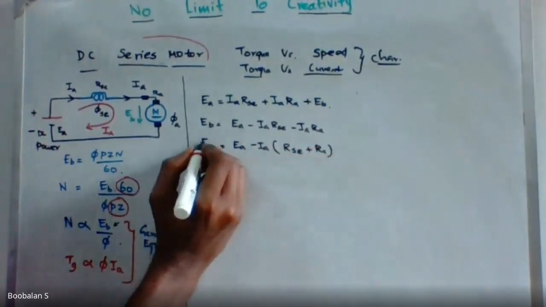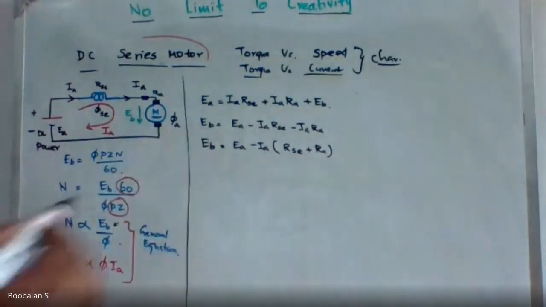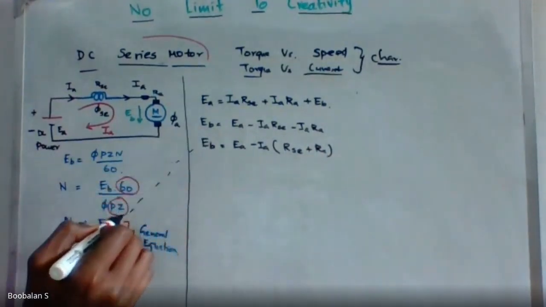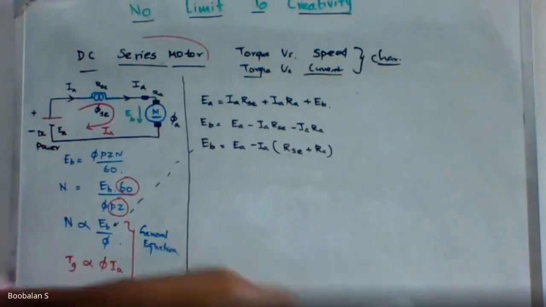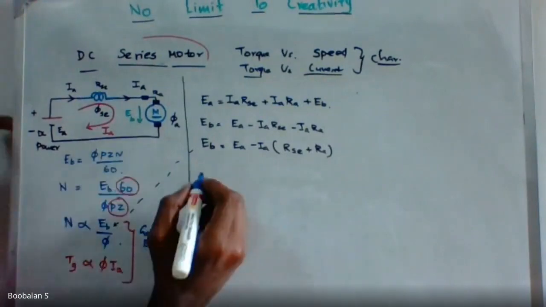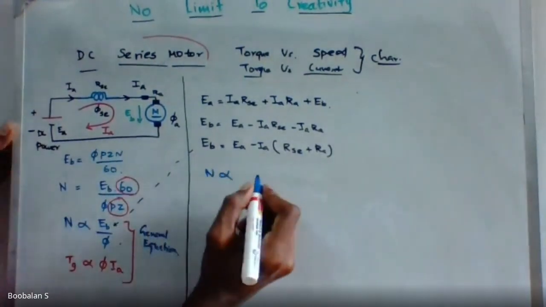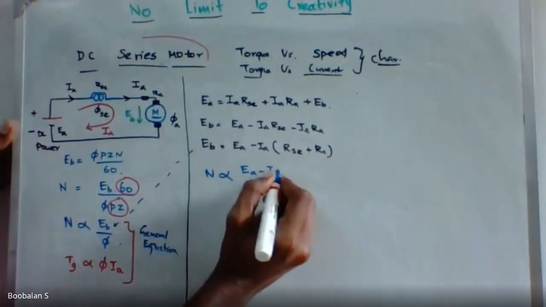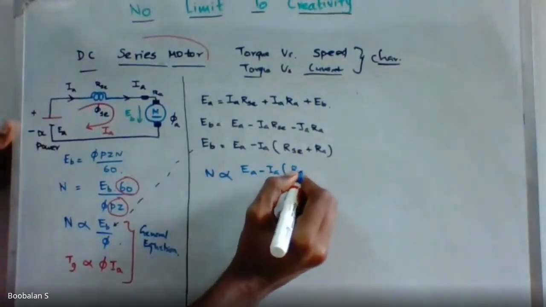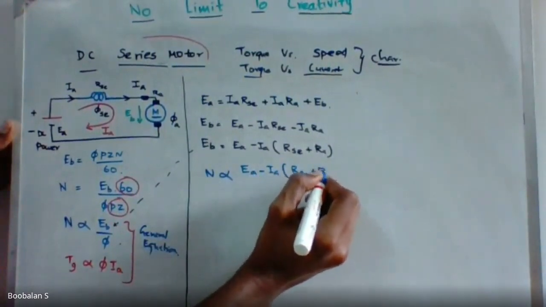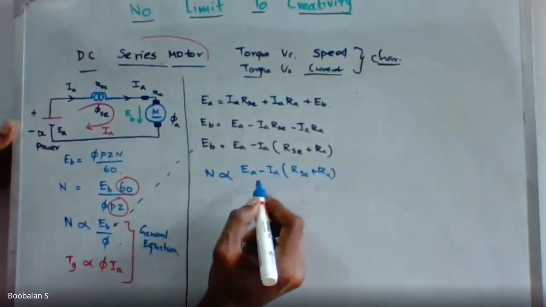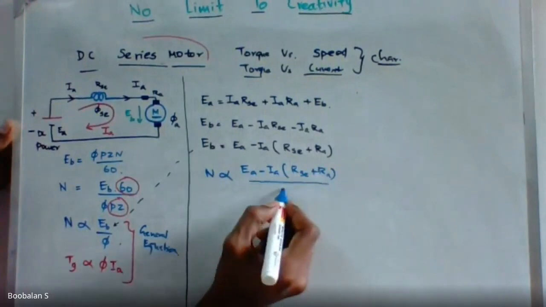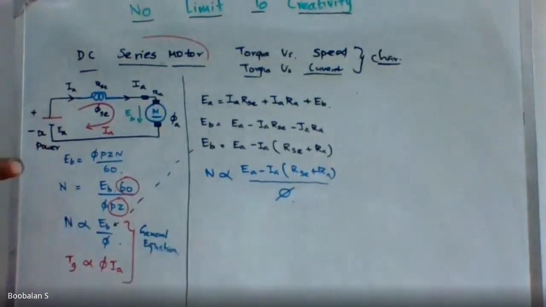I'm just going to replace EB here. Now n is directly proportional to EA minus IA into (RSC plus RA) divided by phi. So this is the equation we end up with.